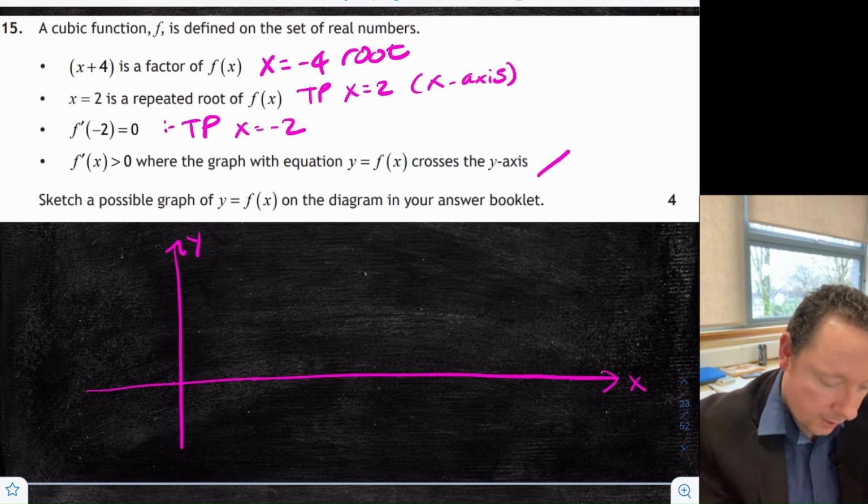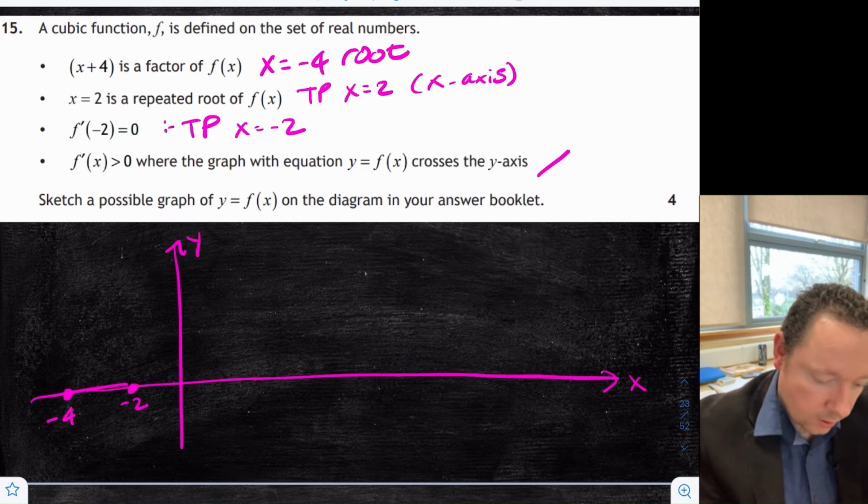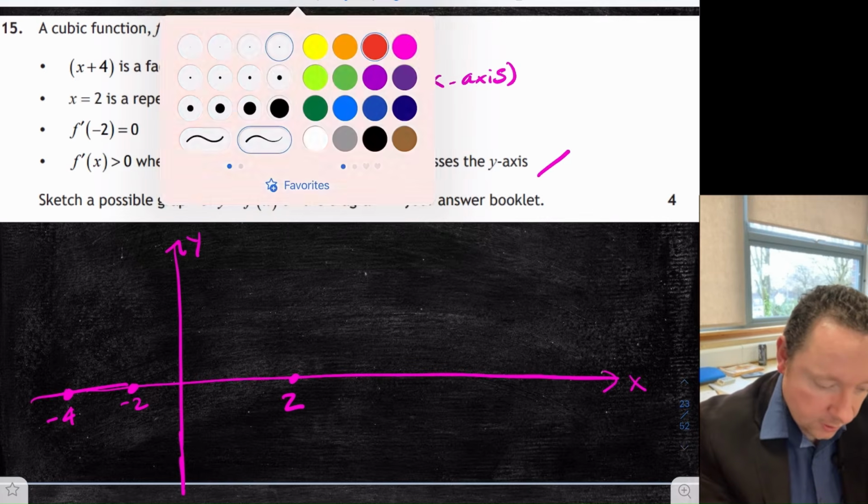So let's put in our minus 4 root. Let's go there. Our minus 2 where it's a turning point, and our 2 over here, which is a repeated root. So drawing it in red to be clear.